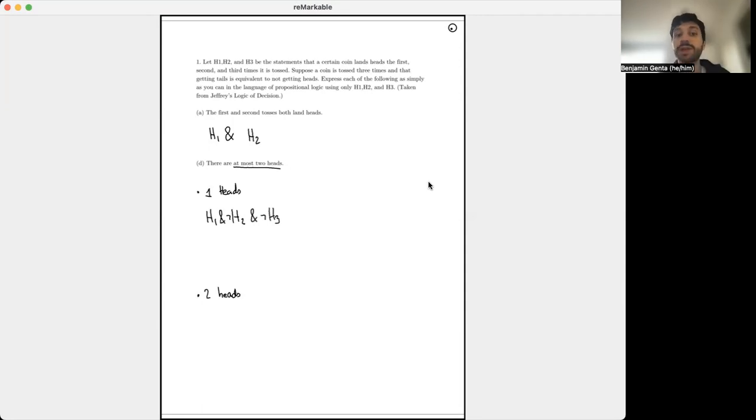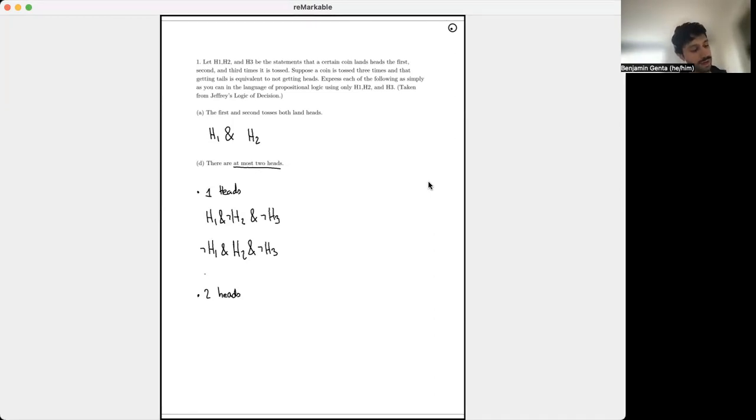That's one possibility, but it's not the only possibility where we only have 1 heads. The other possibility is where we have not H1, H2, and not H3. So here, that's when the second toss lands heads, but the other 2 landed tails.